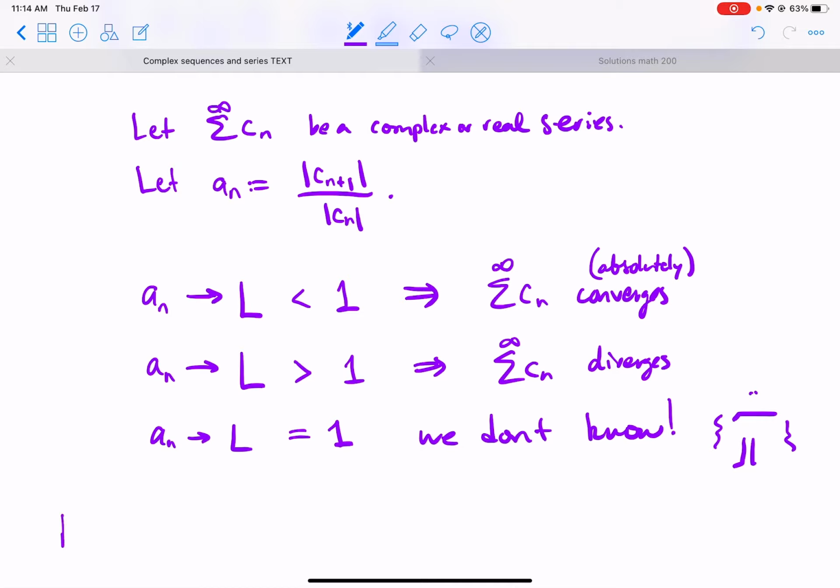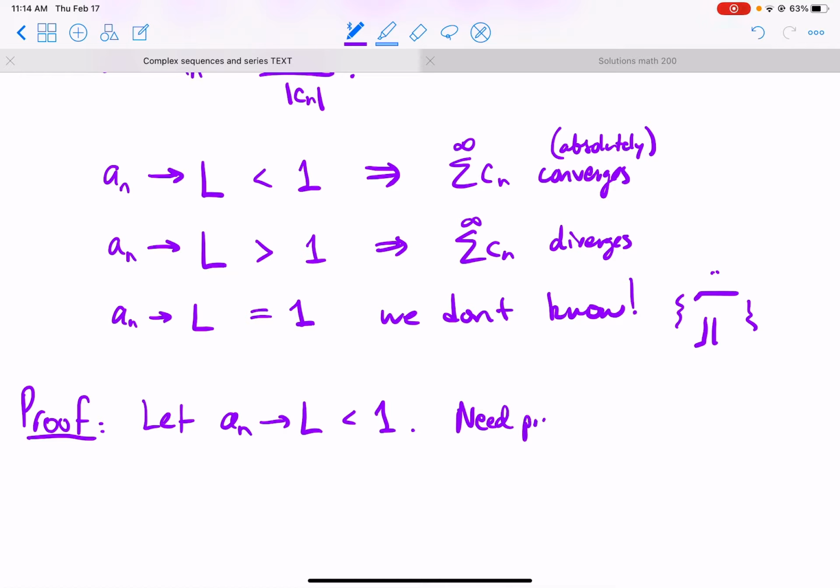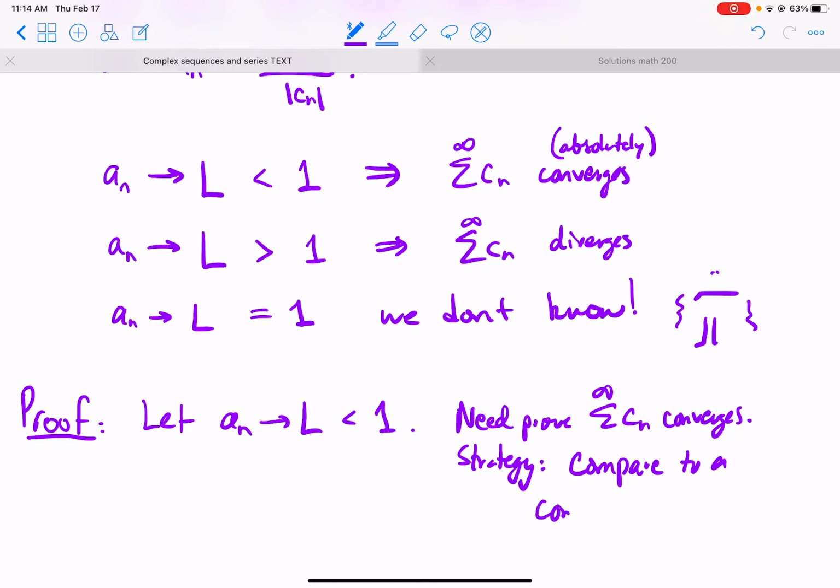Okay, so proof. Let a sub n converge to L that's less than 1 first. We need to prove that this series converges. Strategy: compare to a convergent geometric series.